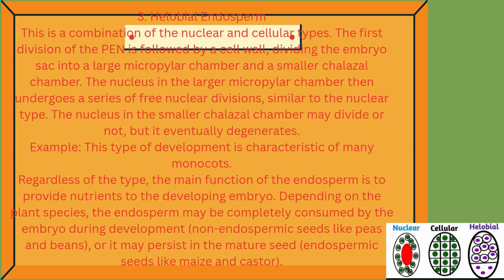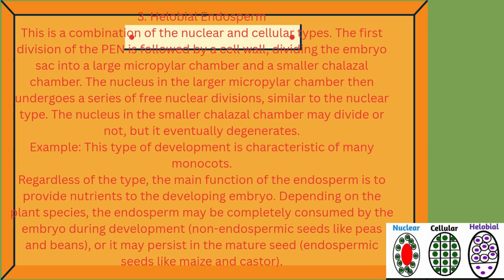Now see here the helobial endosperm. This is a combination of nuclear and cellular types. The first division of the PEN is followed by a cell wall, dividing the embryo sac into a larger micropylar chamber and a smaller chalazal chamber.